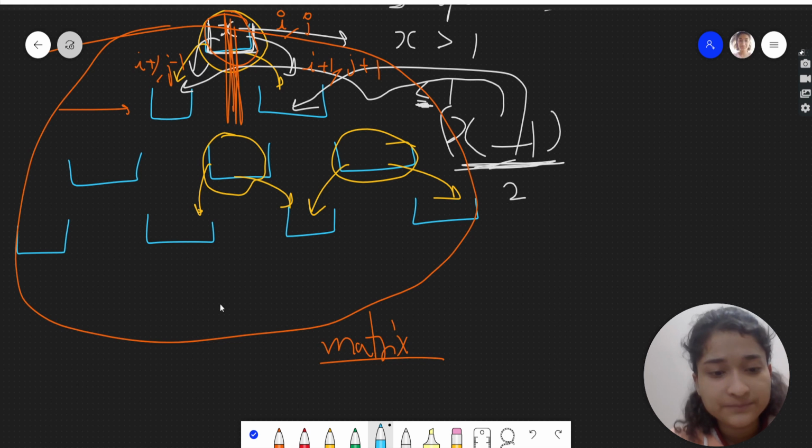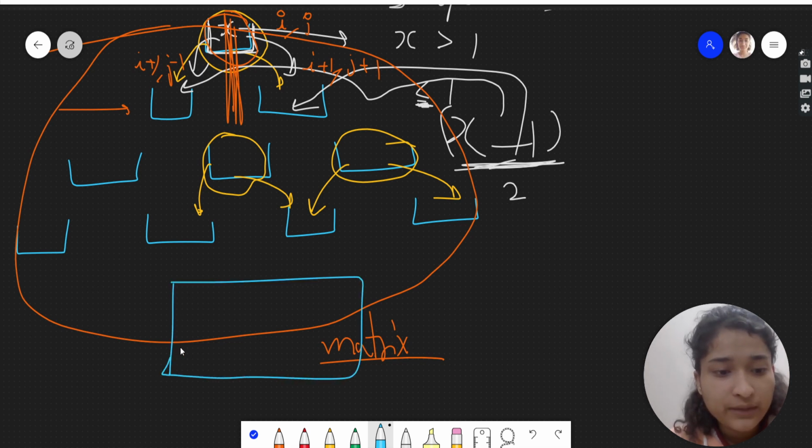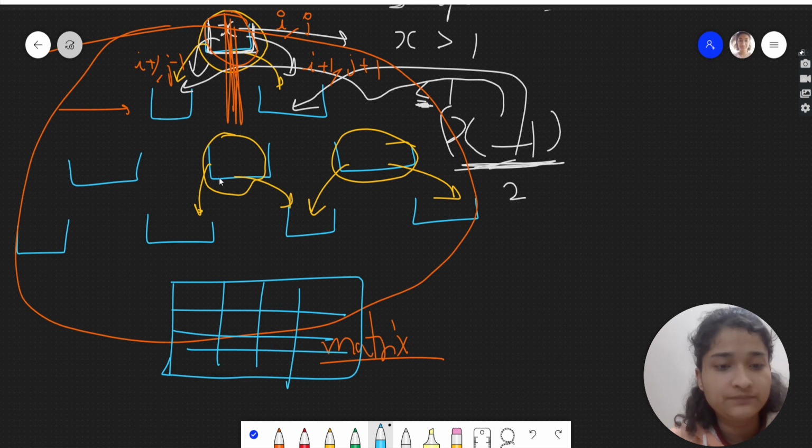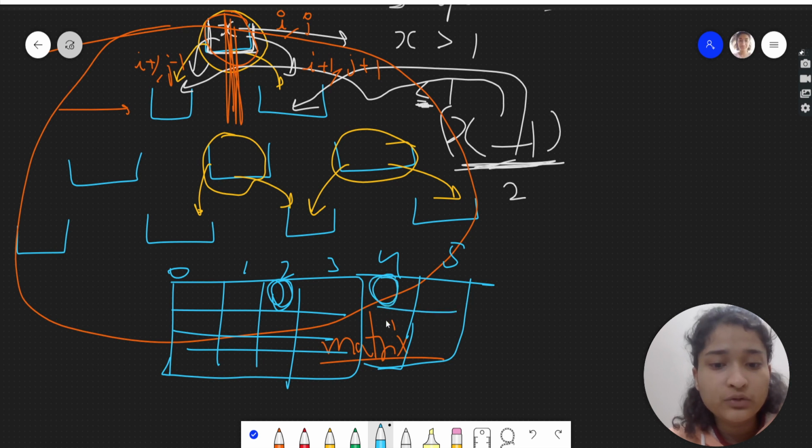Why? Because you will make this kind of matrix, and where will you store the first glass? In the middle, or in which column? We are not sure, it could be in any column. It could start from here or from here. That's the main issue.